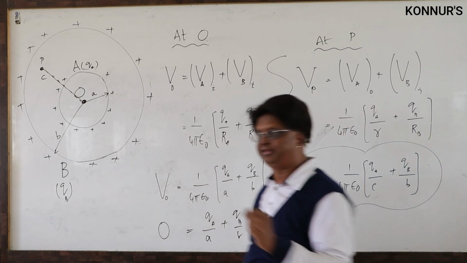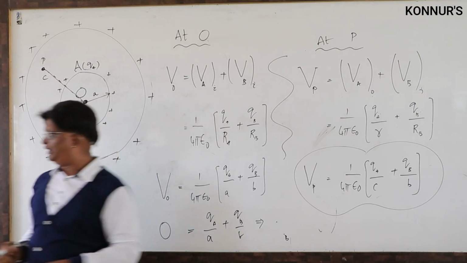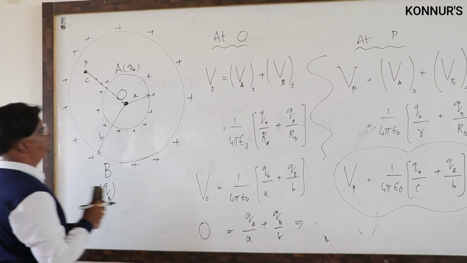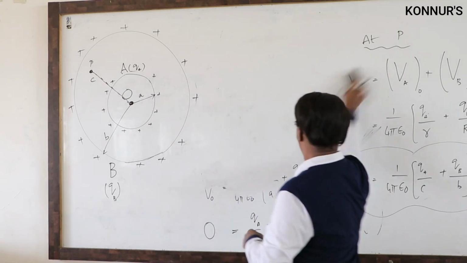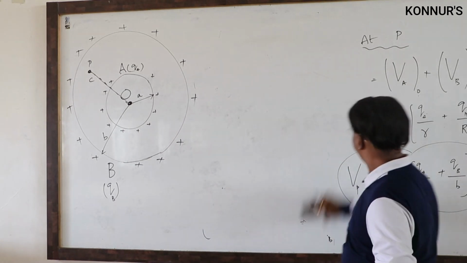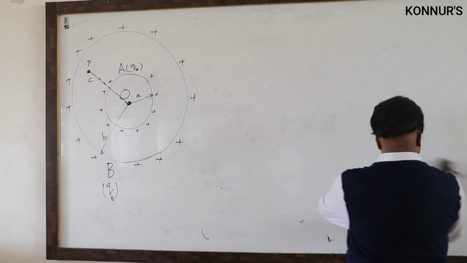Now, we'll extend this example. Instead of asking the potential at the common center, or the potential at the point P, suppose it is asked, what is the potential difference between the concentric shells? Look at this.